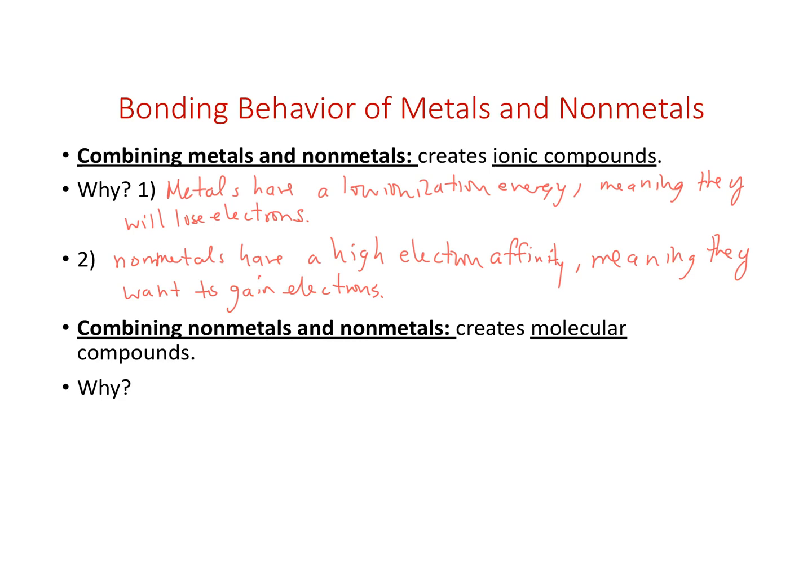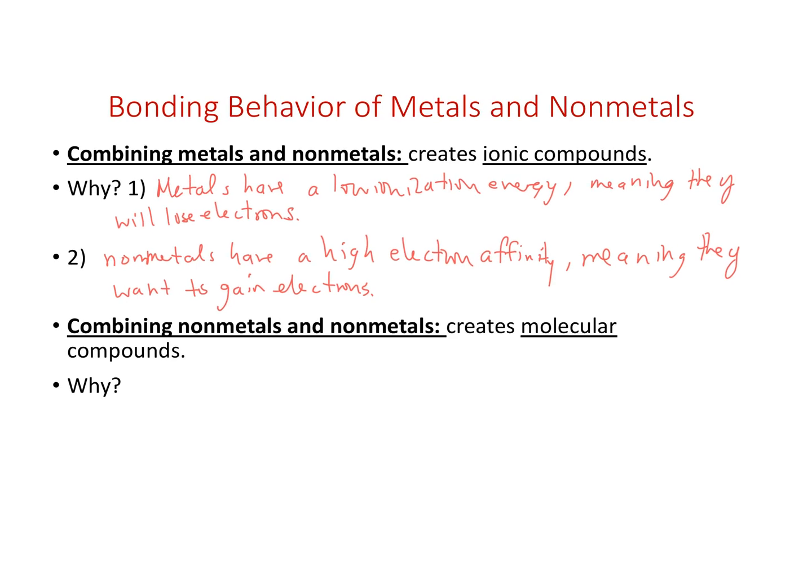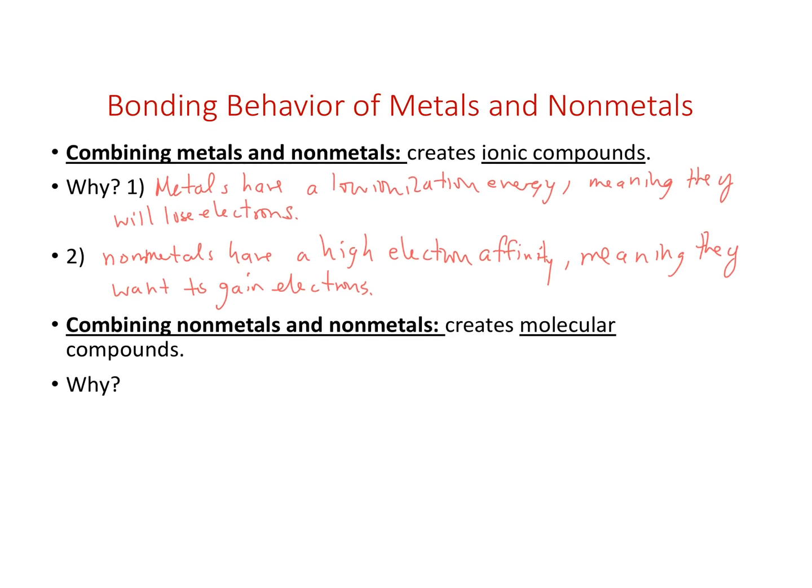What about a molecular compound? A molecular compound is held together by covalent bonds, right? So molecular compounds form between nonmetals reacting with nonmetals. When 2 nonmetals react, why do we form a covalent bond, whereas when a metal and a nonmetal react, we get an exchange of electrons and we have an ionic bond?